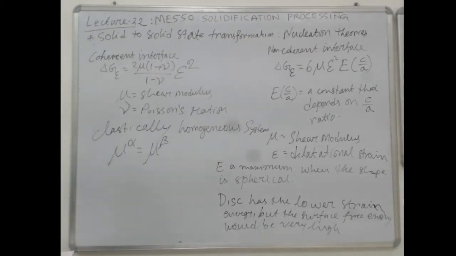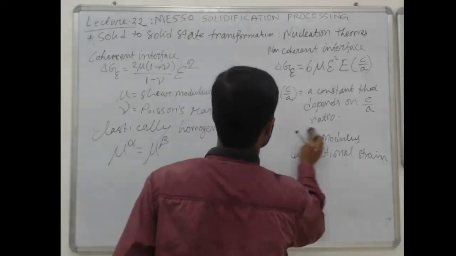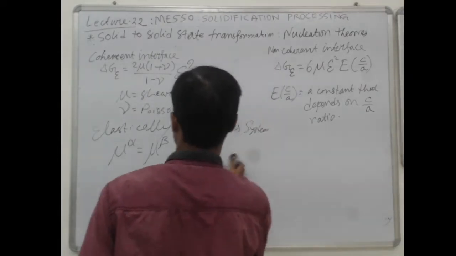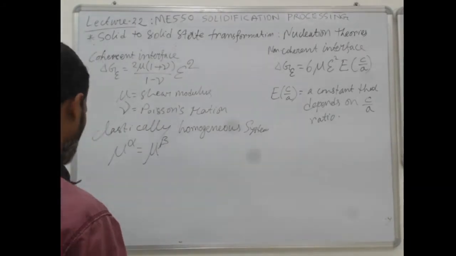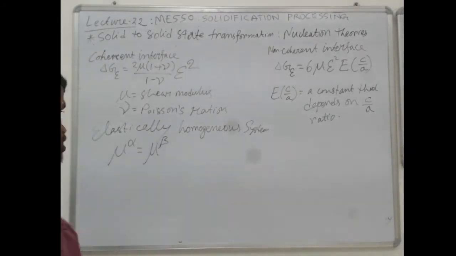So now, this is given for homogeneous. If your system is inhomogeneous, then there will be some variation.